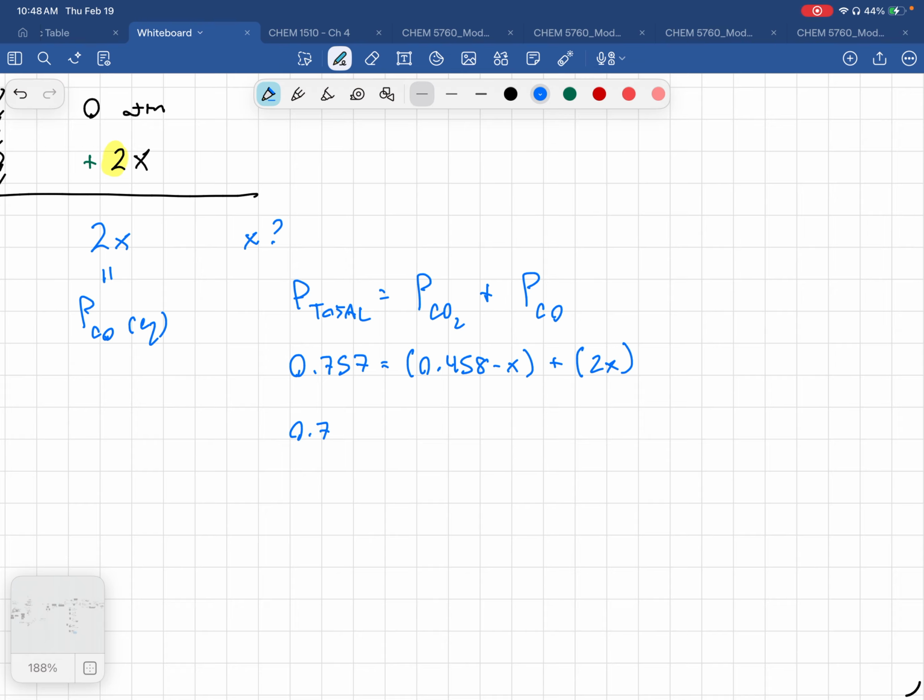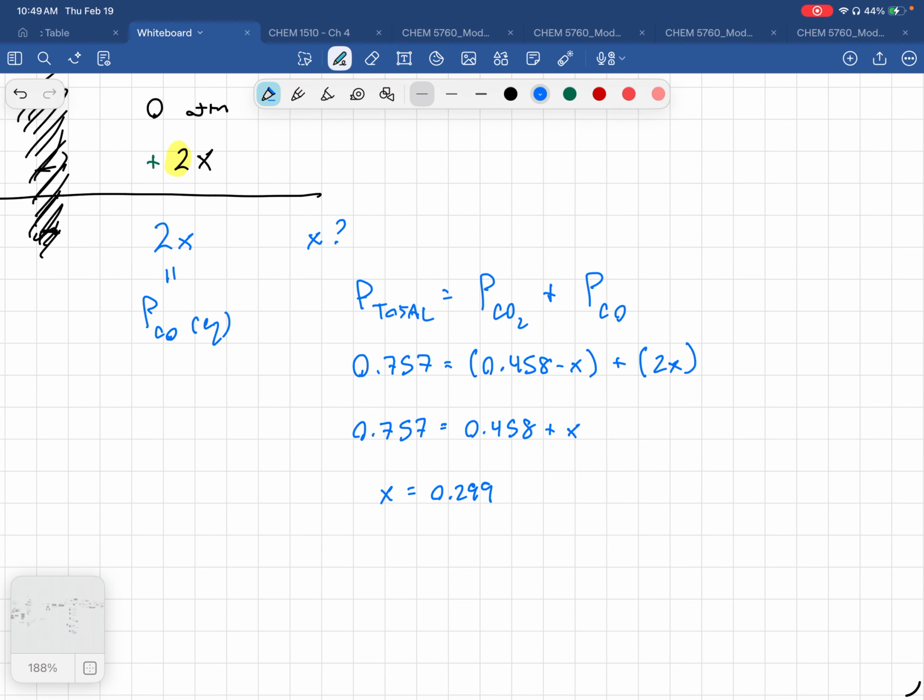So 0.757 equals 0.458 plus X, because we have a 2X plus a negative 1X. So we have just X. Therefore, X is going to equal 0.757 minus 0.458. So 0.757 minus 0.458, we get a value of 0.299 for X. Okay.